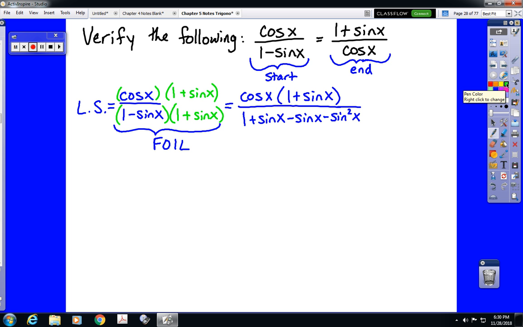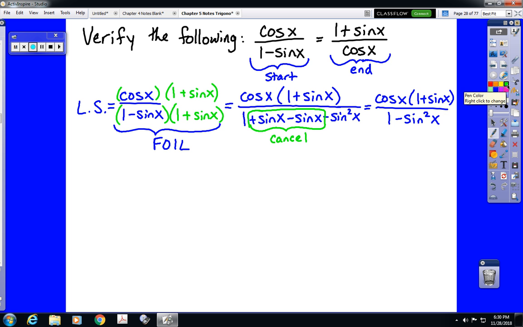Now remember that once you FOIL, you usually have something that will do what? Well, cancel. These two terms right here will cancel each other out. So this would turn into cosine x times 1 plus sine x over 1 minus sine squared x.